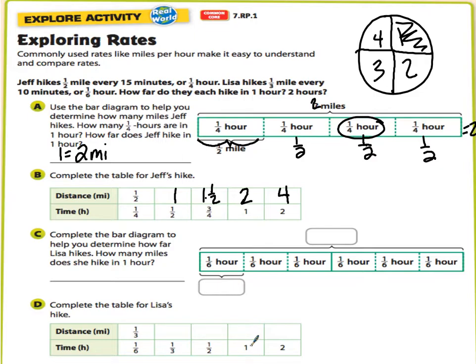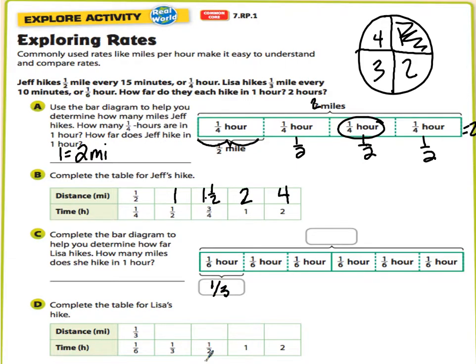Let's do the same thing for Lisa. So Miss Lisa, in 1/6 of an hour, so again, to make a whole hour, you would need 6 sixths. So 1, 2, 3, 4, 5, 6. In one of those sixths, she goes 1/3 of a mile. So 1/3.